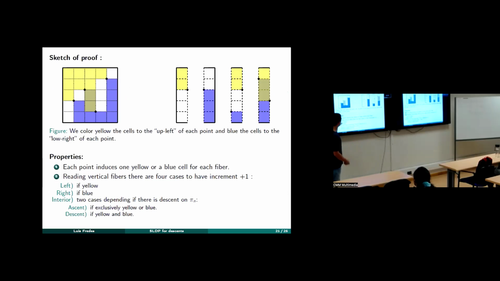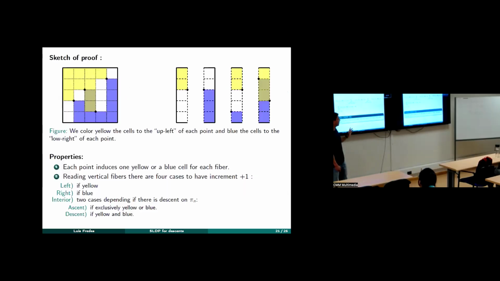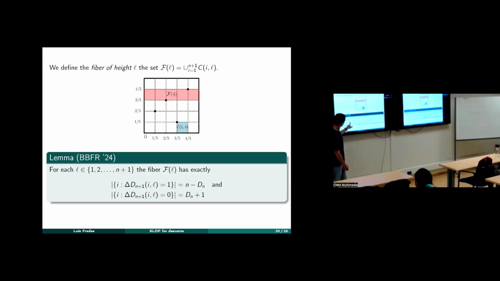And I already said that each point induces one yellow or one blue in a fiber. So basically this sum, when I rearrange the terms, is equal to n, because one of those two is 1 and the other is 0, and vice versa. So this one is equal to n, and I have n minus b_n. So I proved this, and the complement obviously gives me the increment 0. Okay?